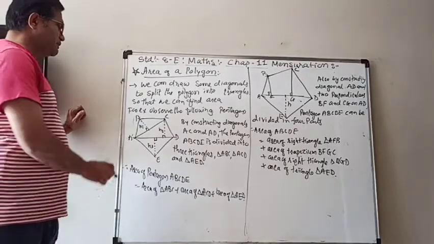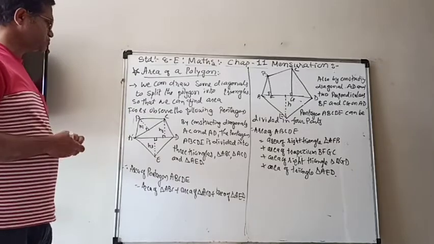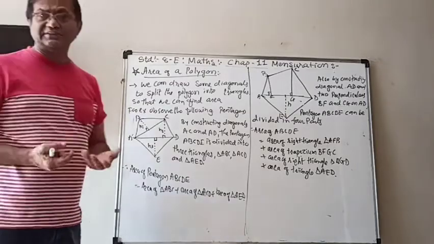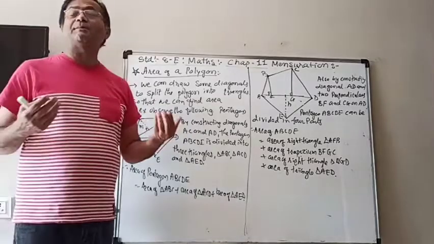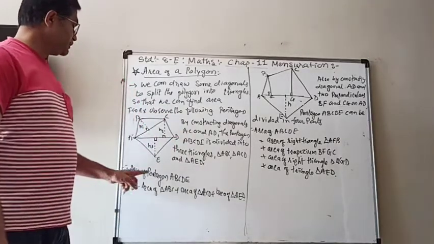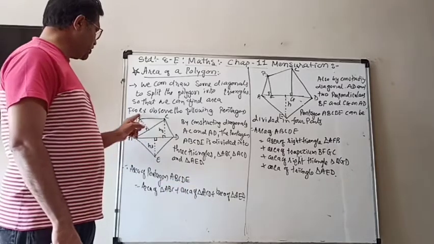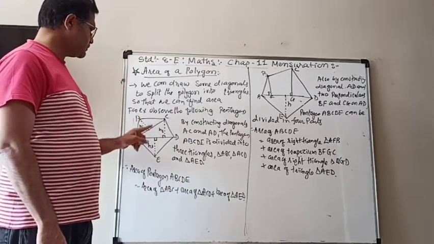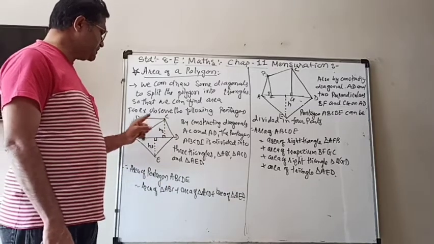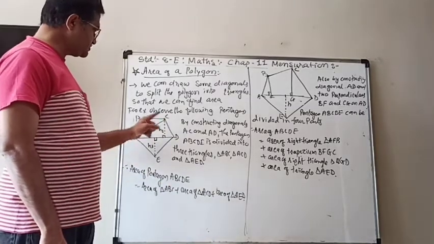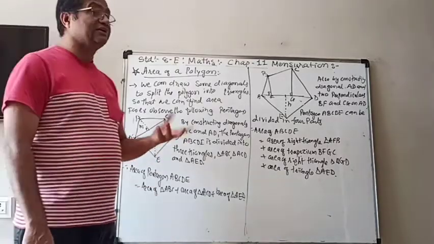So now, by finding the heights of all the three triangles, you can find the area of the triangles and add them. So we get the area of the pentagon. So area of the pentagon ABCDE is equal to area of triangle ABC plus area of triangle ACD plus area of triangle AED.